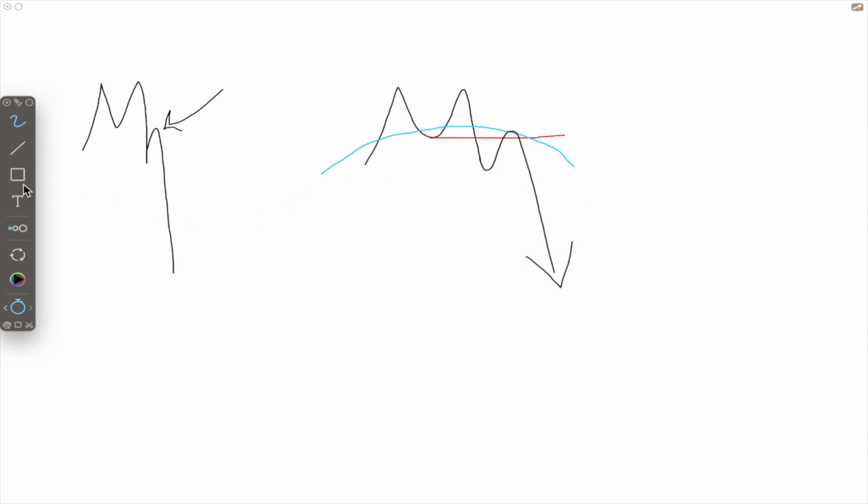So first of all, what we want to identify is a peak formation. It can be a double top, head and shoulders, whatever. Then secondly, for us to get the safest ID50, we want to see that neckline being broken. And then thirdly, we want to see the 50 EMA around the area.